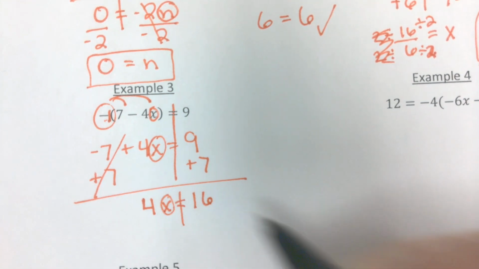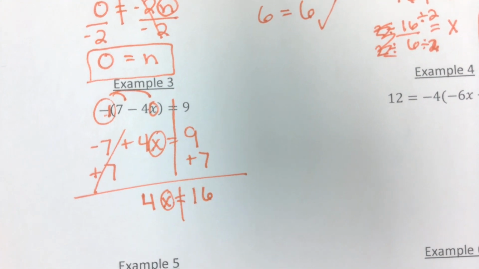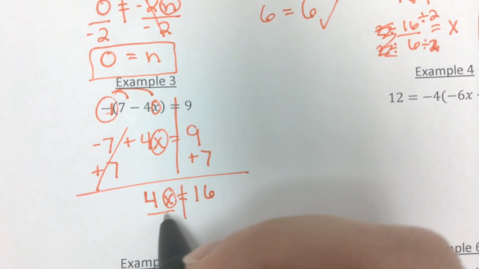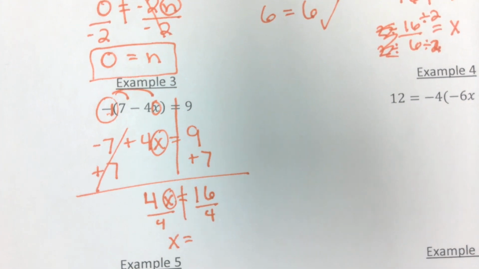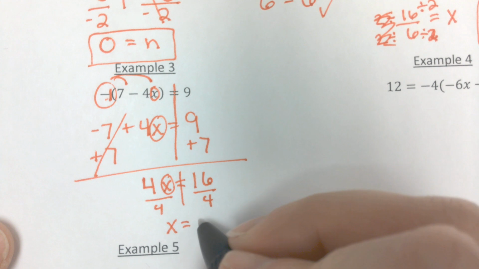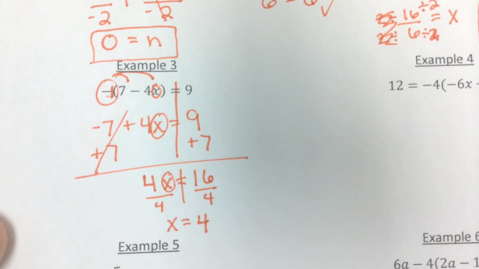Then our last step, this is multiply, so the opposite of multiply is to divide. 16 divided by 4 is 4.